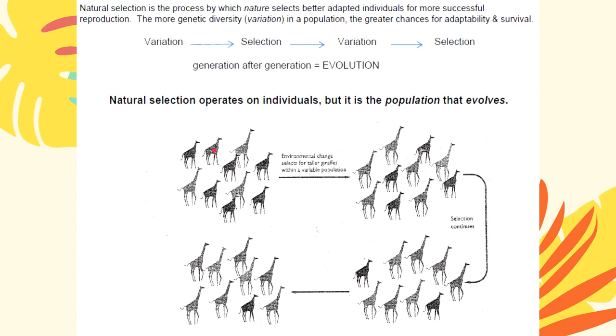So this is how evolution through natural selection could happen.